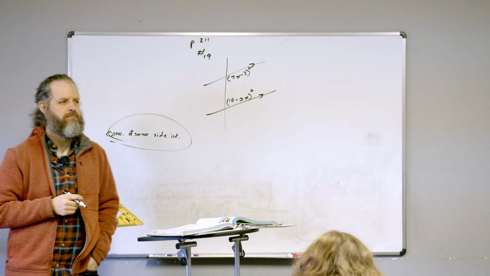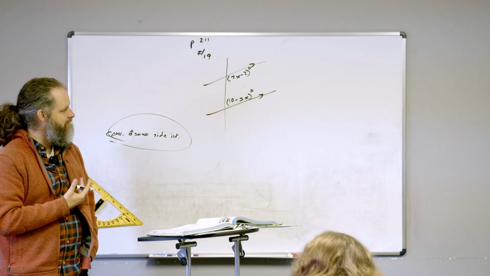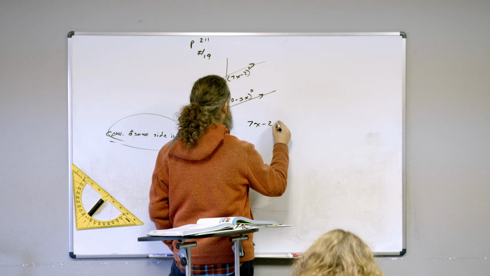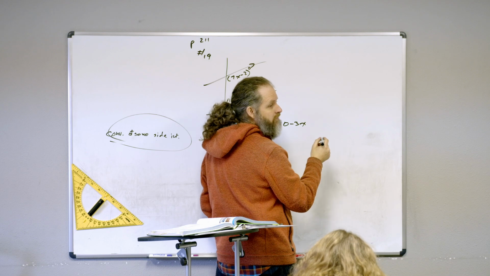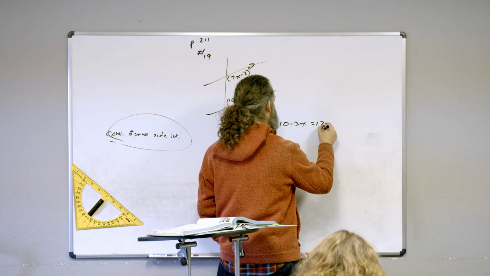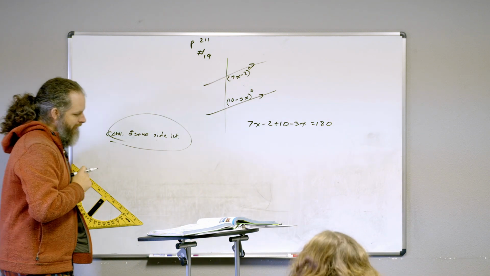Easy money. So since they're supplementary, what kind of equation should we write? 7x minus 2 plus 10 minus 3x equals 180. 90 is complementary. Okay, now what?